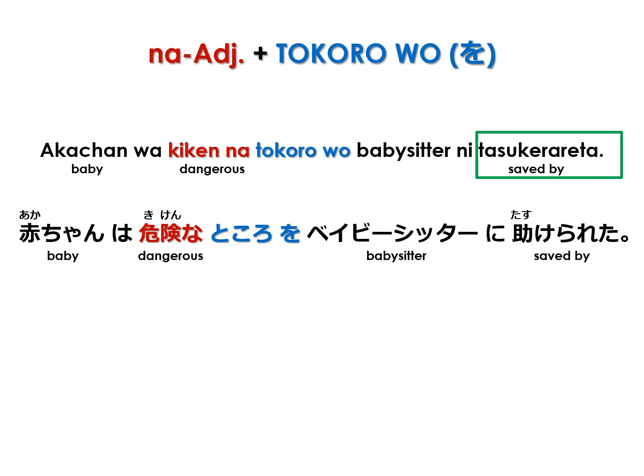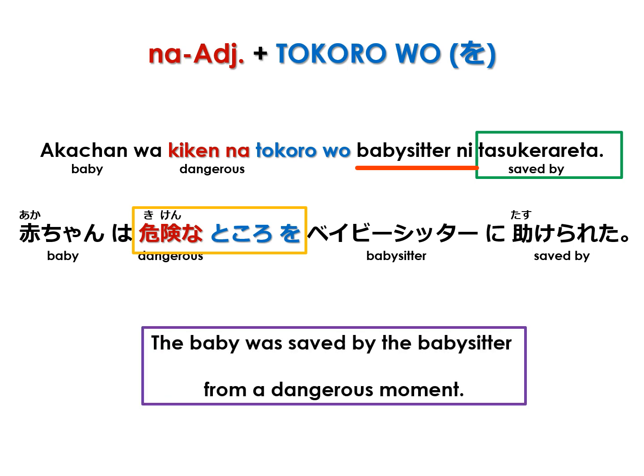And saved by whom? The babysitter. Babyshita ni. Saved from what? Kiken na tokoro wo. A dangerous moment. So translation, the baby was saved by the babysitter from danger or from a dangerous moment. Maybe the baby was about to fall off the bed. Beddo kara ochiru tokoro datta.